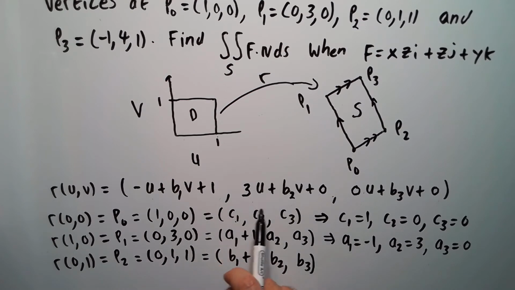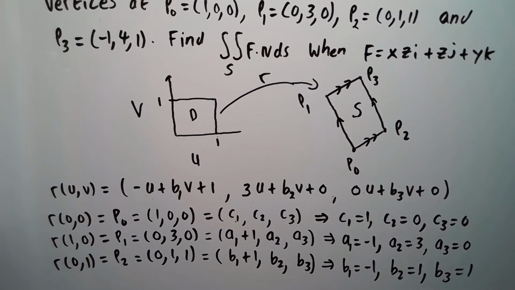Then it'd just be B2, and then B3. So B1 plus 1 has to equal 0. Solving that, B1 has to be minus 1. So B1 is minus 1, B2 is 1, and B3 is 1.